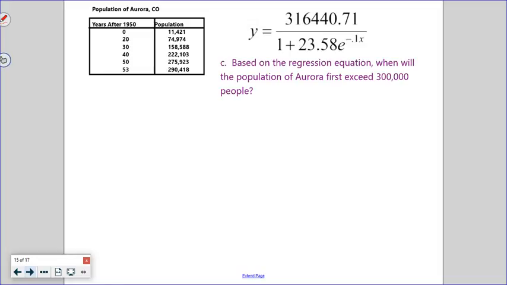Should be a lot faster this time around. Setting it equal to 300,000.